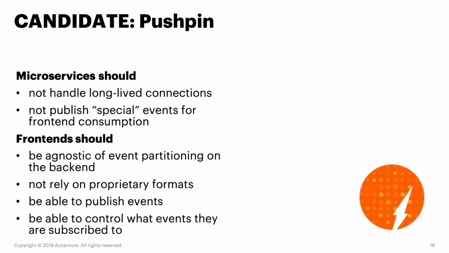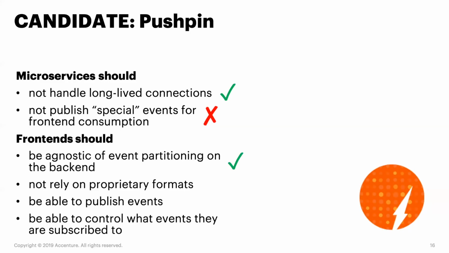So Pushpin handles connections to frontends via SSE, WebSockets, or long polling. Microservices publish messages using HTTP calls against Pushpin with a special HTTP header set. This deviates from our goals of unifying the concepts of publishing an event to other microservices and publishing an event towards a frontend.